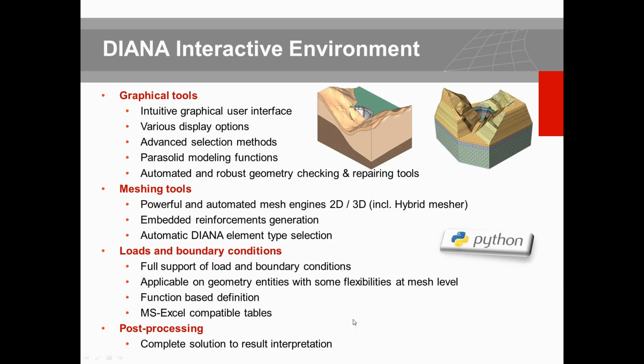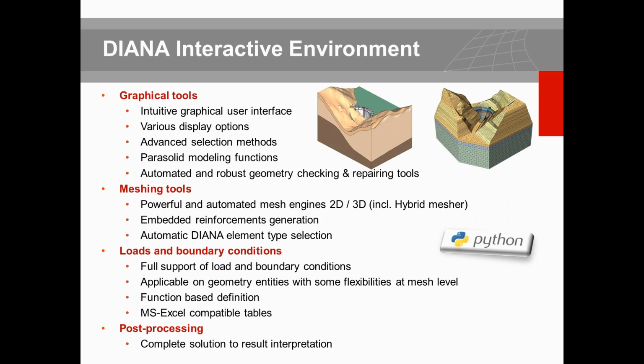So here you can see the new DIANA is very intuitive. There are various display options, and advanced selections for the geometry or for the mesh are available. The main geometry engine is the Parasolid one, which is a very important and very powerful tool that enables you to modify and change the status of your current geometry objects.